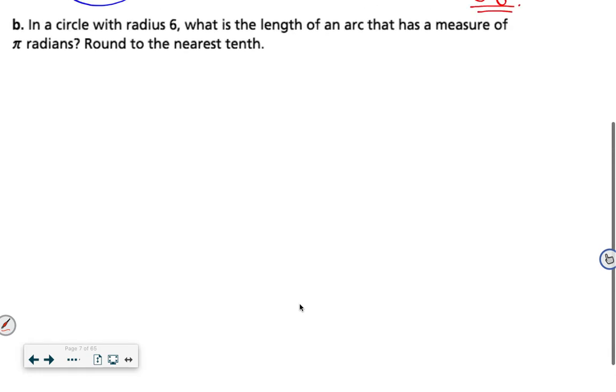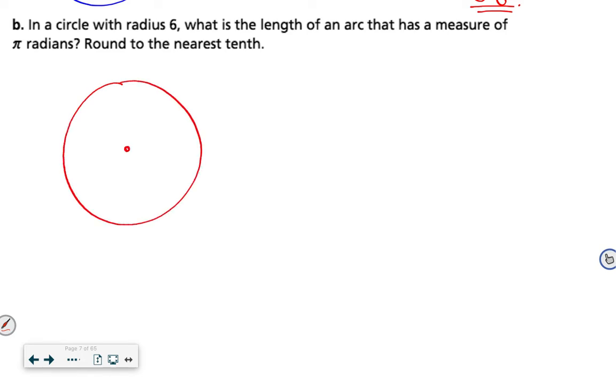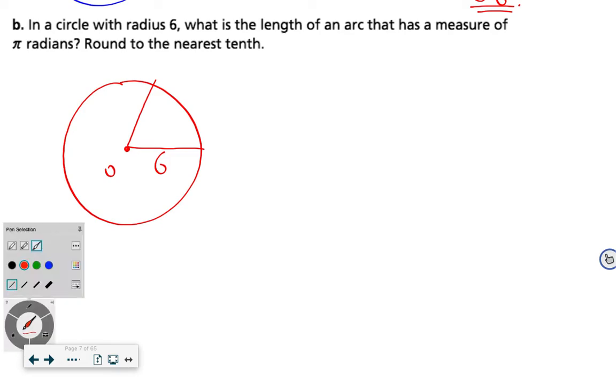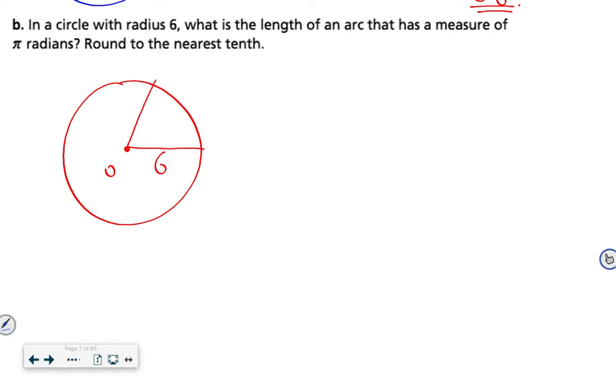In the next question, in a circle with radius 6, we have a circle and this radius is 6. What is the length of an arc that has a measure of pi radians? Here we go.